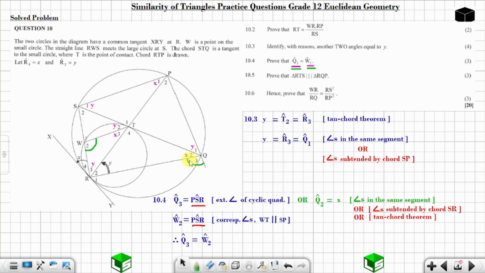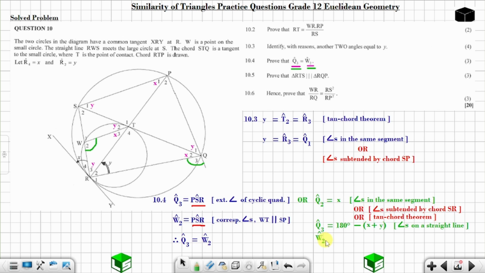Now angle Q3. The angle Q3 is equal to 180 minus x plus y, okay, minus x plus y in bracket. The reason is angles on a straight line.